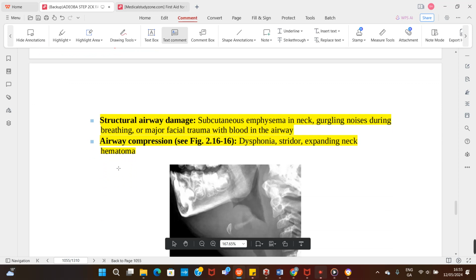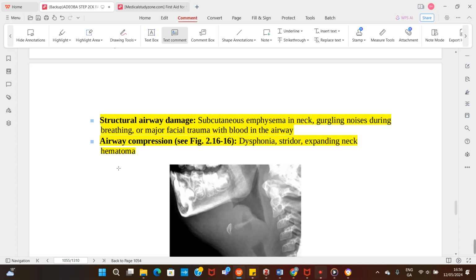Then you want to think about compression of the airway. So what are those things that can elicit external compression? The most significant example is a patient with penetrating neck trauma, maybe from a gunshot or a stab injury, and there is maybe dissection of the carotid or injury to a neck vessel, and you have bleeding around that area with hematoma formation.